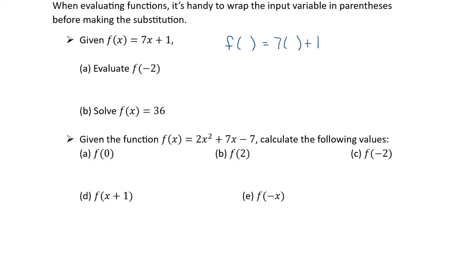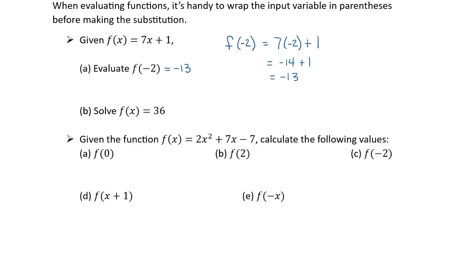Now we're asked to evaluate f of negative 2. So we'll say the negative 2 in place of the x, and then we simplify. This will be a negative 14 plus the 1 that hasn't been used. That gives me a negative 13.